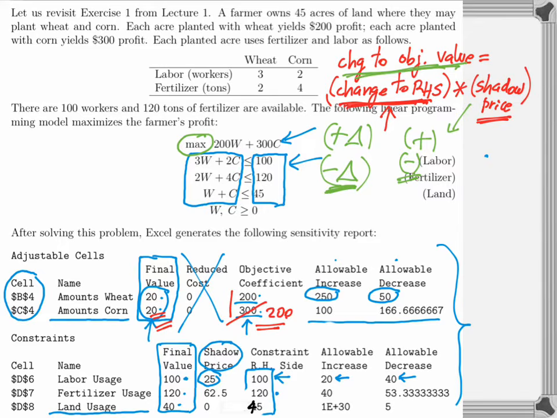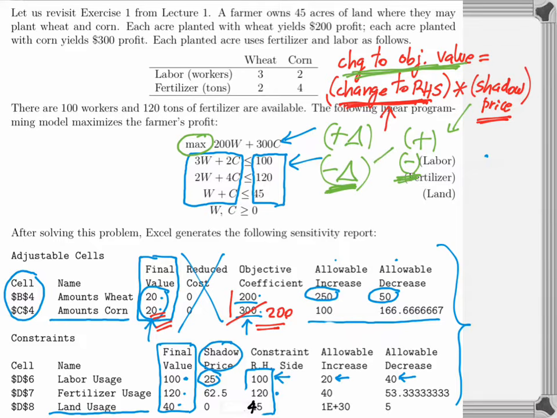If I was minimizing, I will like when my change to my objective is a negative, that is, I'm driving the objective down. Let's say this is a minimized cost problem. So a negative shadow price paired with a positive change to the right-hand side is a good idea, because a negative times a positive will result in a negative that drives my objective down.